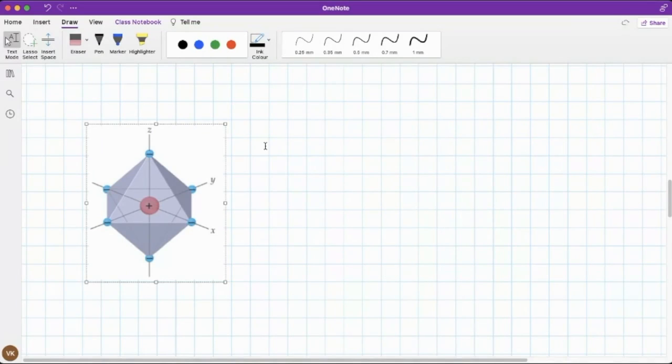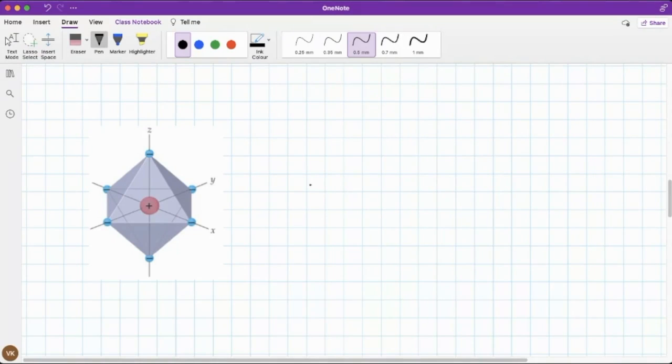So now this is an octahedral geometry. You have the metal cation at the center, 4 ligands in the plane with the metal, and there are 2 ligands in the axial position with respect to this plane.